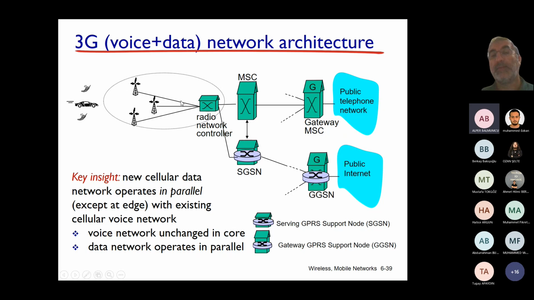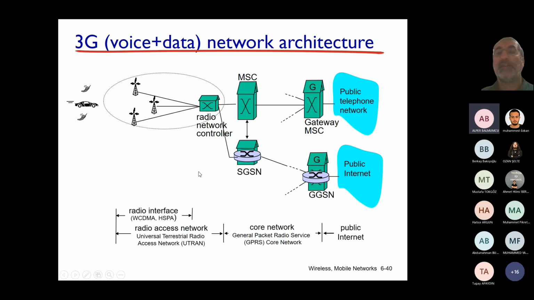When a voice call comes, it forwards to the MSC chain, but when data comes, it forwards to the SGSN, the serving GPRS support node, which is connected to the GGSN, the gateway GPRS support node. So the voice network is unchanged in the core, we just add a parallel data network.